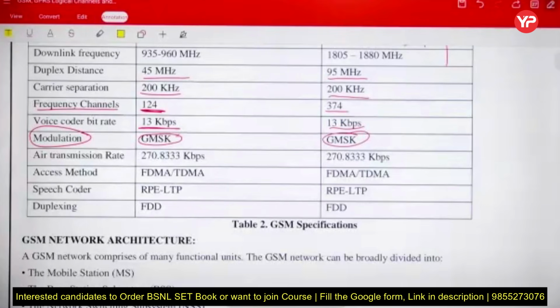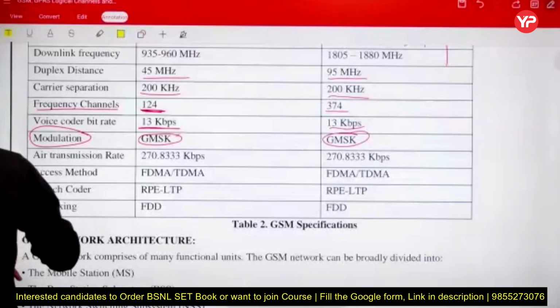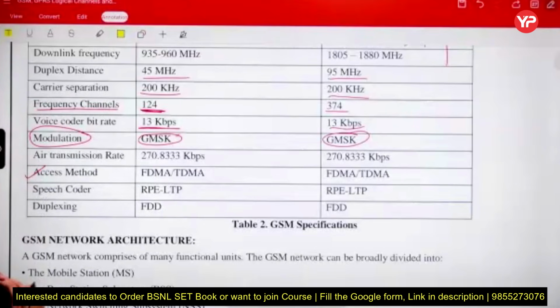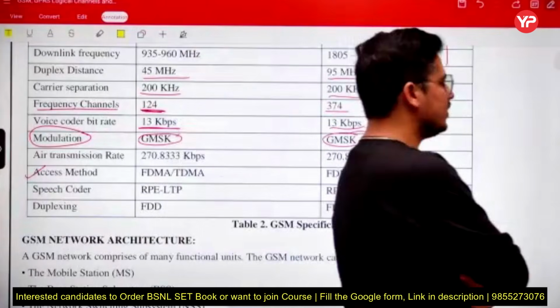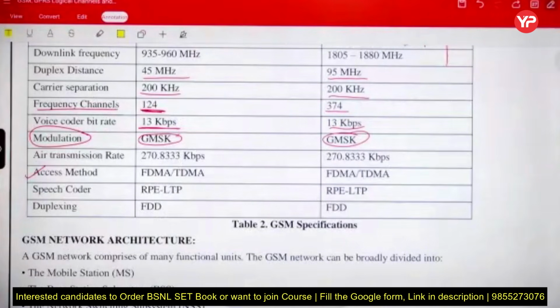I already discussed a little how we can transmit multiple users at the same time, taking samples from each user, but I will discuss the detail on Saturday. So the access methods used by GSM are FDMA as well as TDMA, right?